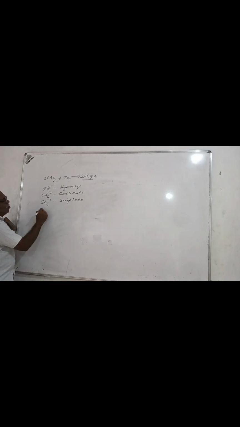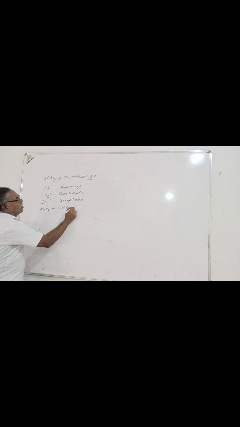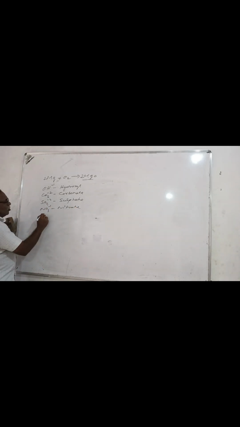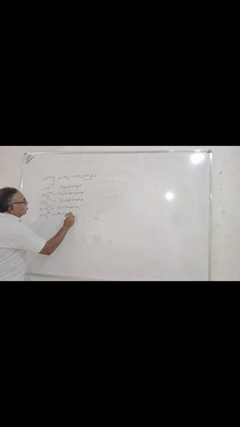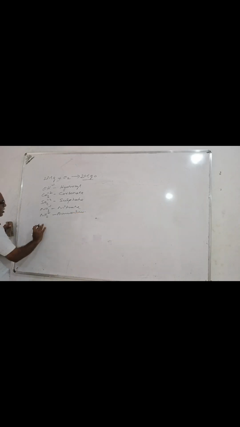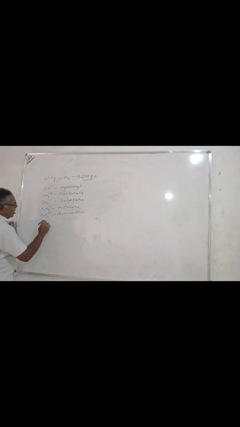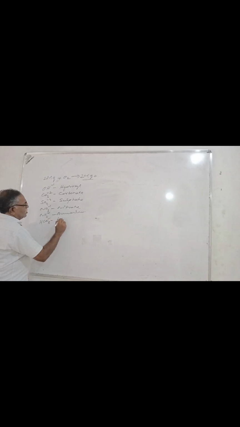Then NO3, nitrate, minus 1. NH4, ammonium, plus 1, right? HCO3, bicarbonate.